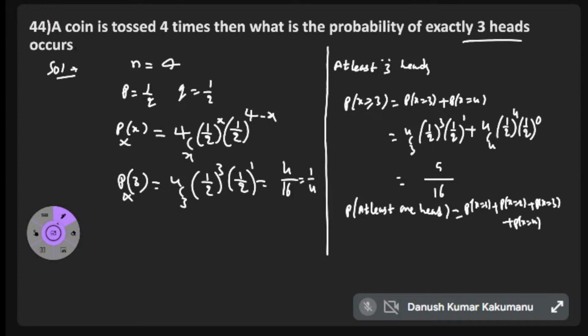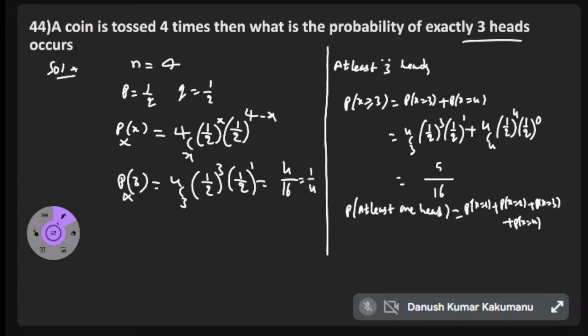This becomes lengthy. I already explained the logic yesterday. 4 coins are tossed, so the total is 16. At least one head is 15 by 16. At least one tail, 15. At least one head and one tail means 14. That way also you can do.